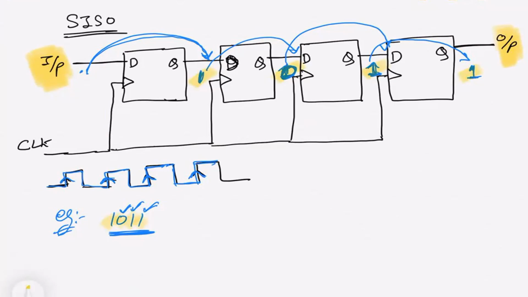But you can see that at your output side, you are getting only a single bit, which is 1.